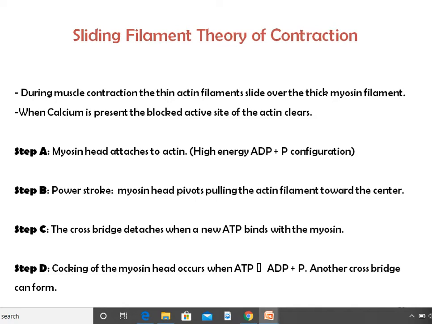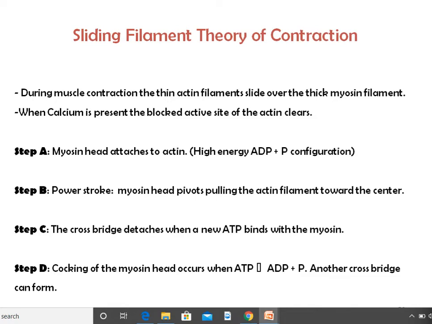Now there are the 4 steps in the sliding filament theory. First one is step A, in which the myosin head gets attached to the actin. Step B is the power stroke, which means the myosin head pivots, pulling the actin filaments towards the center.